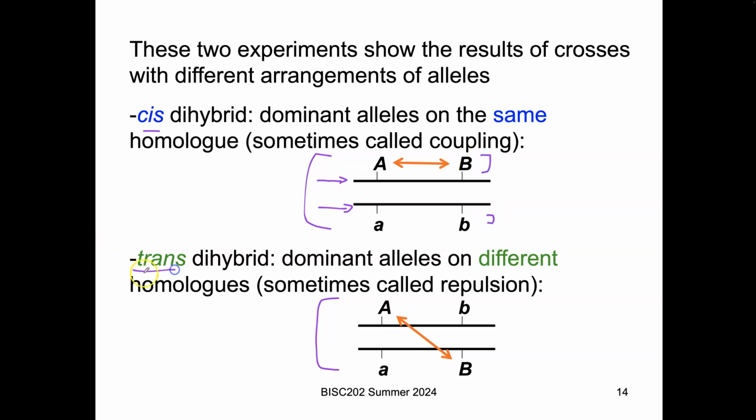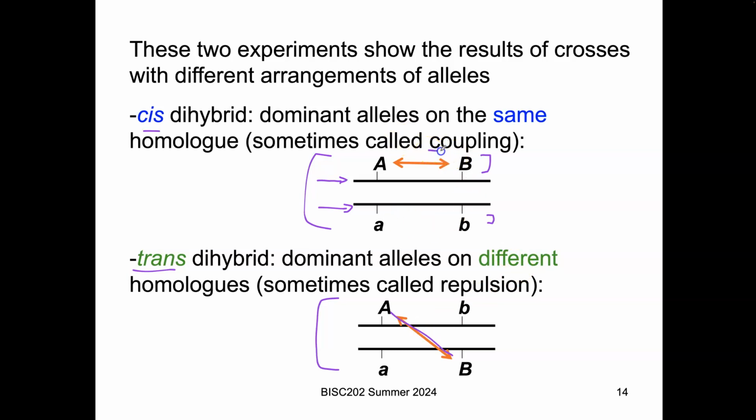This is a trans dihybrid. Trans means across. And so in this case, across because one homologue has one of the dominants, but the other dominant is on the other homologue, right? This may not sound intuitive, even if you know what those terms refer to, so you might have to just memorize. But once you have, if you remember that, it'll be helpful.